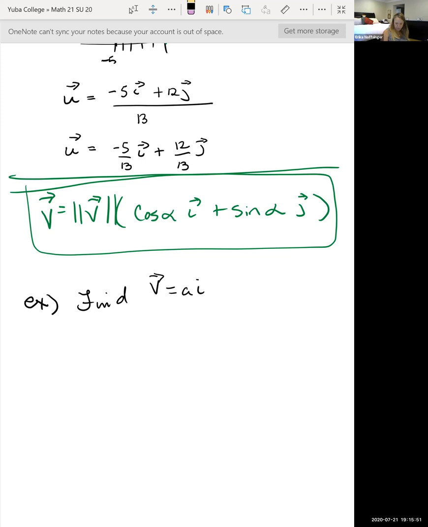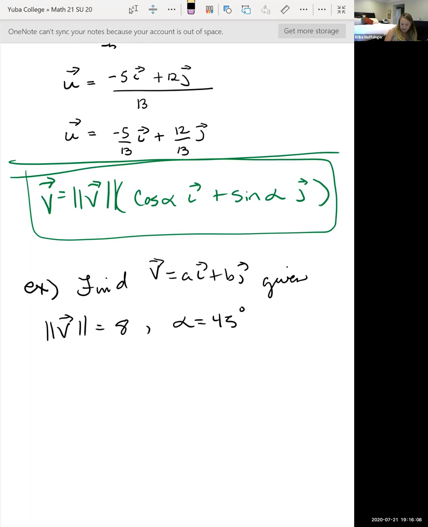So we're given that the magnitude of our vector v is equal to 8, and alpha is equal to 45 degrees. If I was to graph this, I go up 45 degrees, I go out 8.